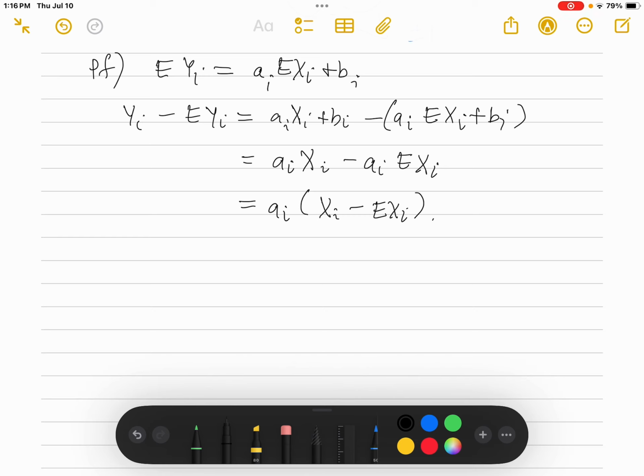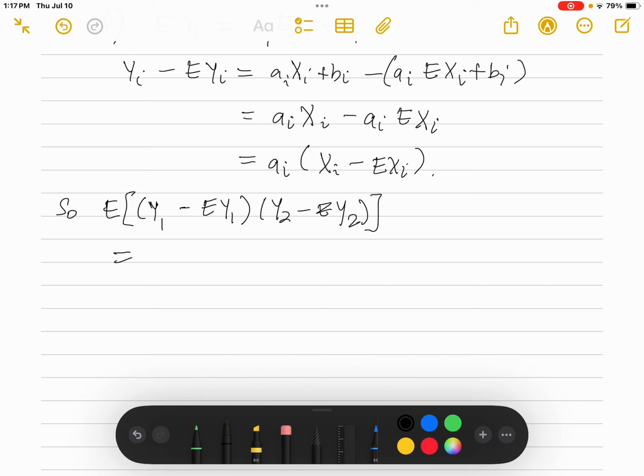So what can we say about the expectation of y1 minus the expectation of y1 times y2 minus the expectation of y2?